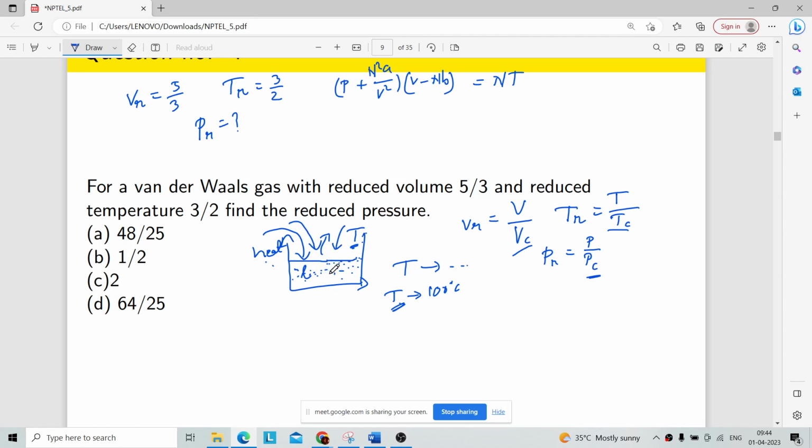Why? Because for water, this 100 degrees Celsius is the critical temperature. What happens at this temperature? At this temperature, the phase of the molecules changes. What does that mean? That means the water will go from liquid to vapor.